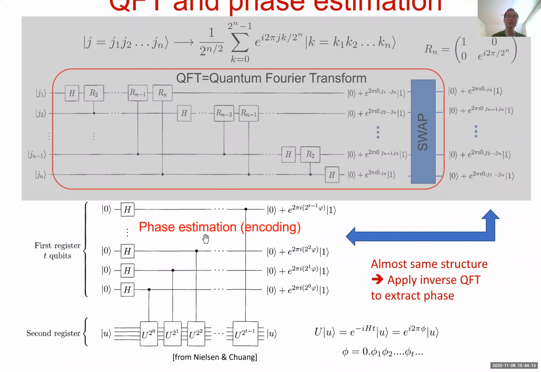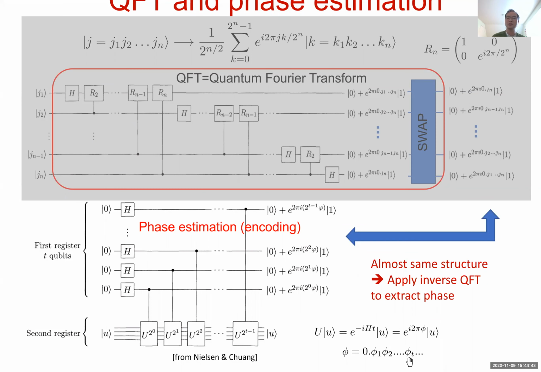So suppose this phase phi is exactly t bits. Then I can read out these t bits by reversing the circuit. So doing the inverse of the quantum Fourier transform, I can extract the phase, if the phase is exactly t bits, where t is the number of qubits that I use to encode the phase.